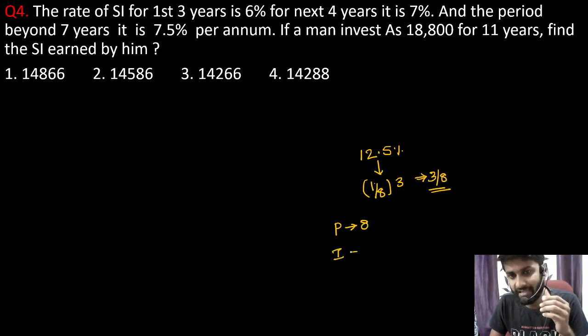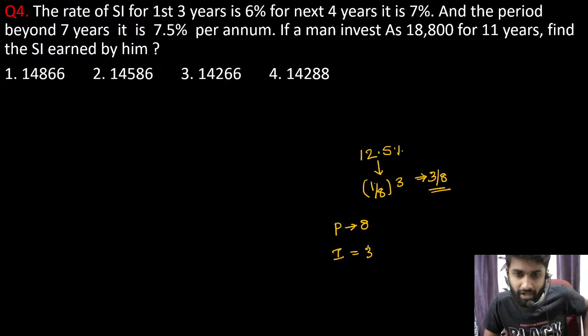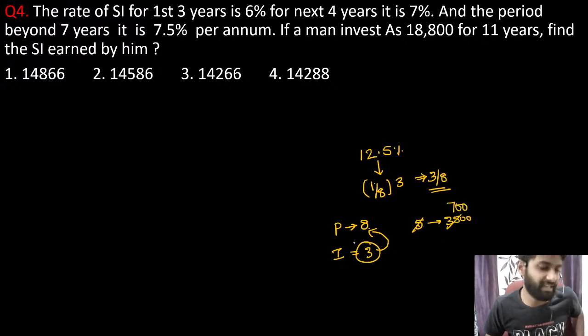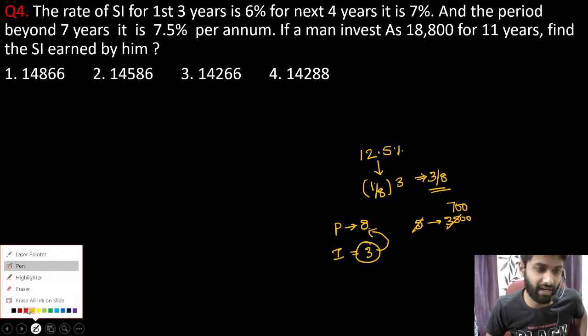The numerator is interest, equal to 3 units. According to the information, interest is less than the principal by 5 units. 5 units is equal to the original amount, 3,500, so each unit value becomes 700. Now my question, what is the interest? Interest is 3 units, 3 into 700, the value becomes 2,100.